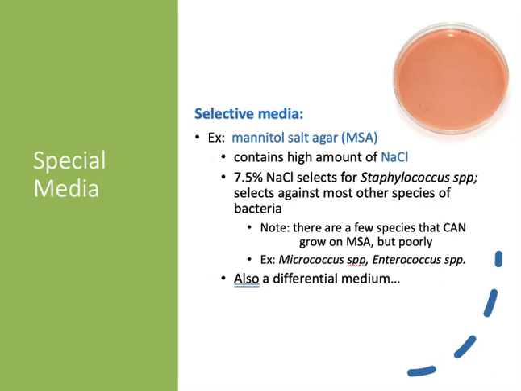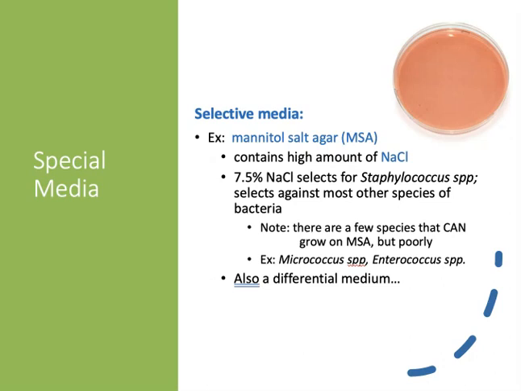Let's first talk a little bit more about selective media, and we'll use the example of mannitol salt agar, or MSA. Now, mannitol salt agar, like the name suggests, contains a relatively large amount of salt, particularly sodium chloride.